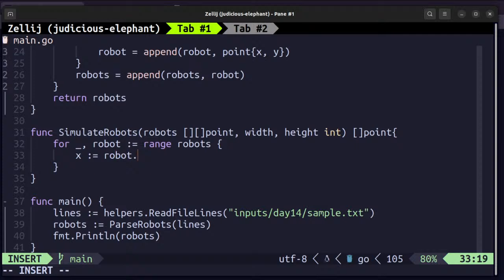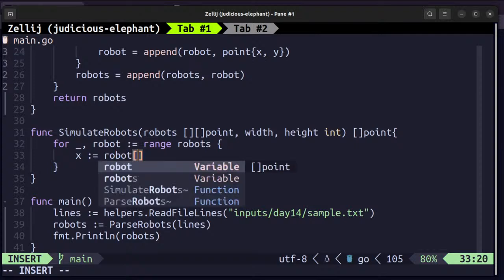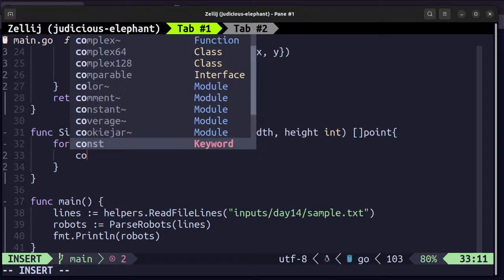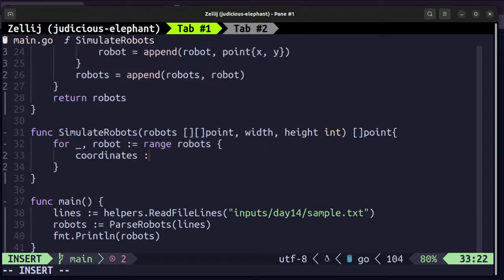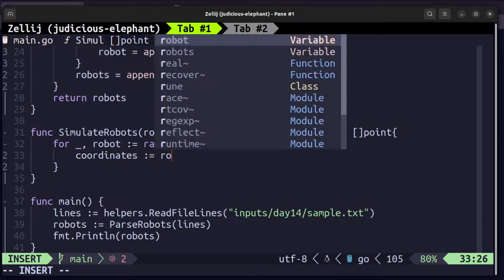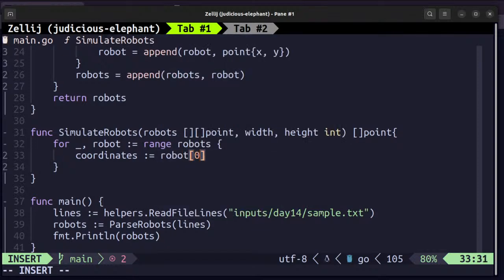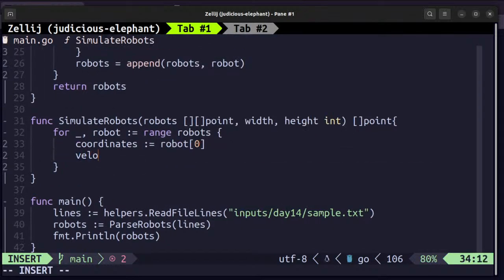So coordinates, and I have velocity as robot of 1.